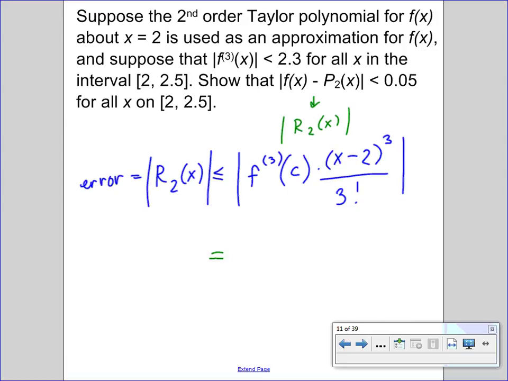Which in turn is equal to, well, our third derivative magnitude, we're told, is less than 2.3. So this becomes as easy as plugging in 2.3 here. Our 3 factorial is a constant.